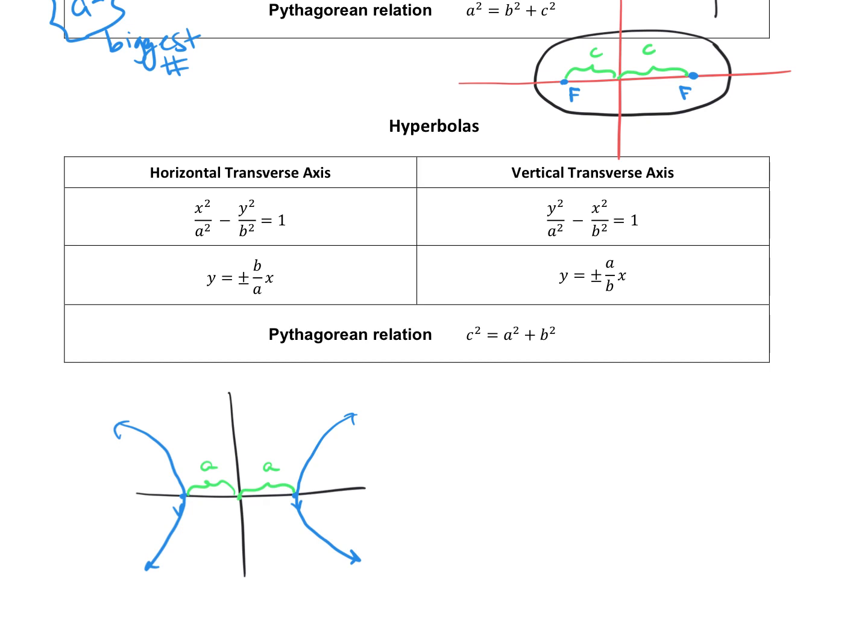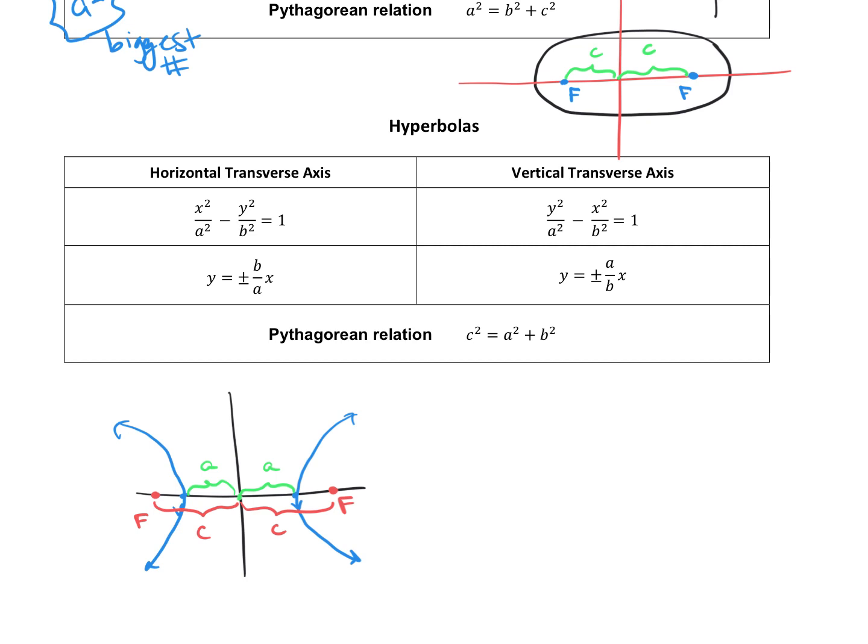A hyperbola also has a focus inside each curve on the same axis. You will have a focus in both directions. Your C value will tell you how far away the focus is from the center. And we only worked with hyperbolas that were centered around the origin. So we only have to worry about the origin. So that's our C value.